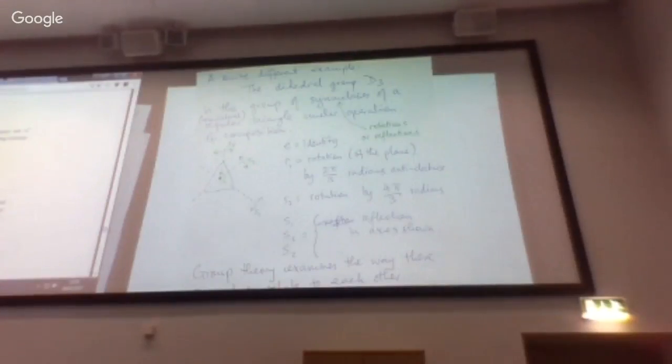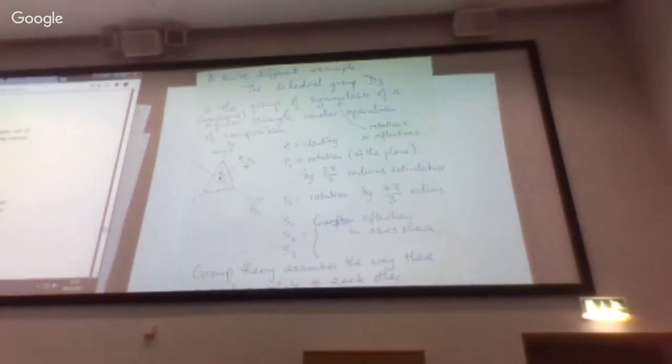Distance-preserving transformations. So not anything like stretching the plane or projecting bits of the plane on top of each other. Just distance-preserving transformations, which for our purposes we can think of as just rotations and reflections. Rotations about a fixed point or reflections in a line. If you want to reflect the plane, you're going to reflect it in a line. Okay?